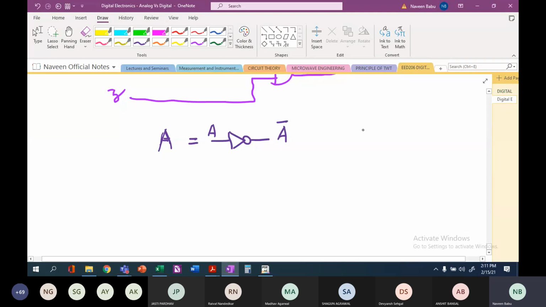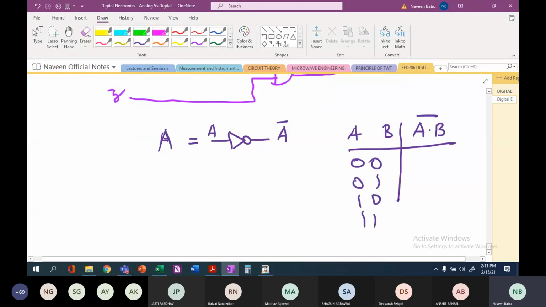If you look at the truth table of a NAND gate, A and B the whole bar, the inputs are 0 0, 0 1, 1 0, 1 1. The output will be 1 1 1 and 0.